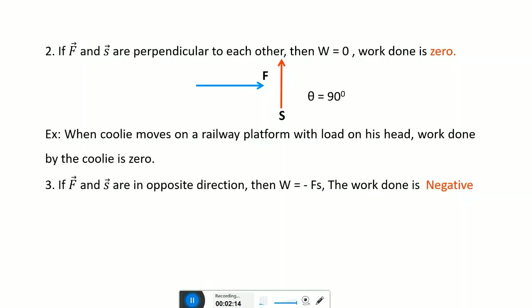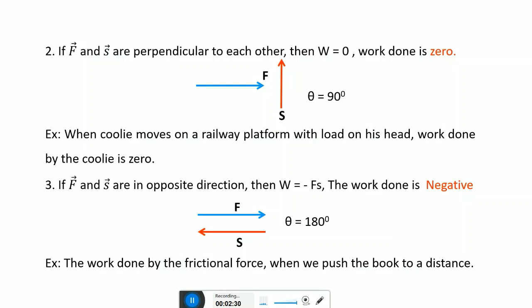So we get W is equal to minus Fs. This is the direction of force F and s is in the opposite direction. So theta will be 180 degree. And the example is the work done by the frictional force when we push a book to a distance.